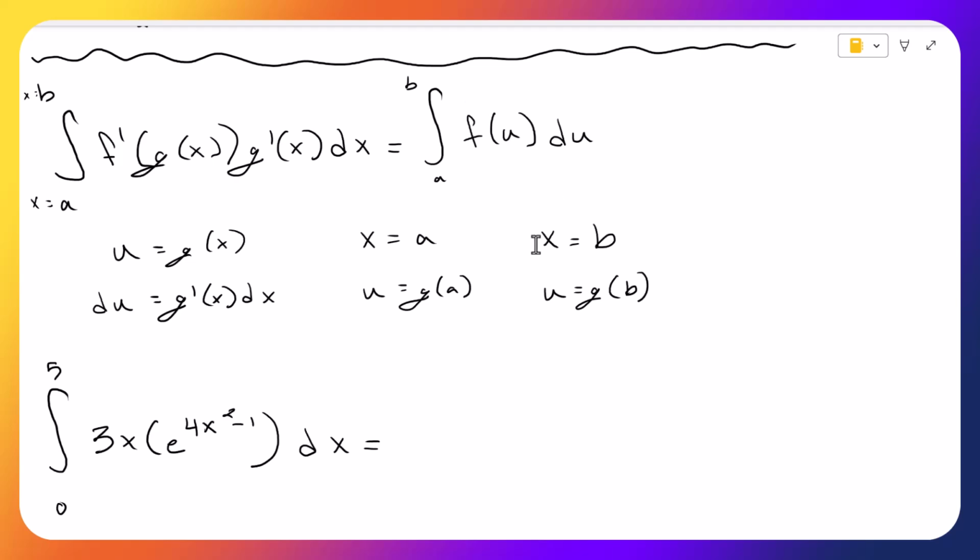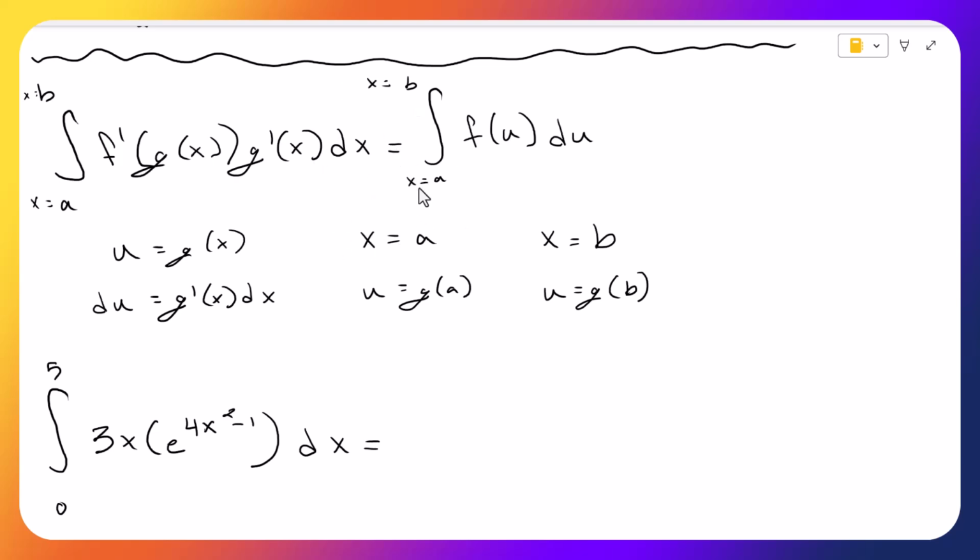So what can we do to make this a little more straightforward? Let me actually even continue writing that. x equals a, x equals b. How can we rewrite this in terms of u?